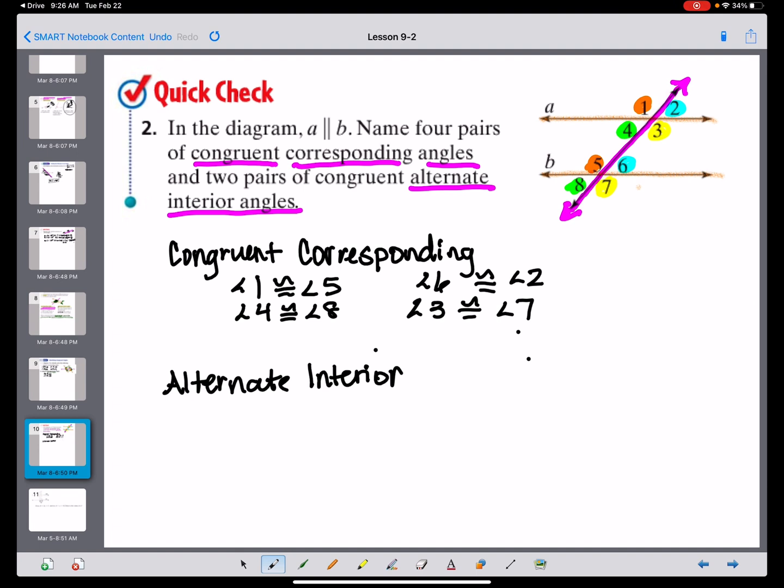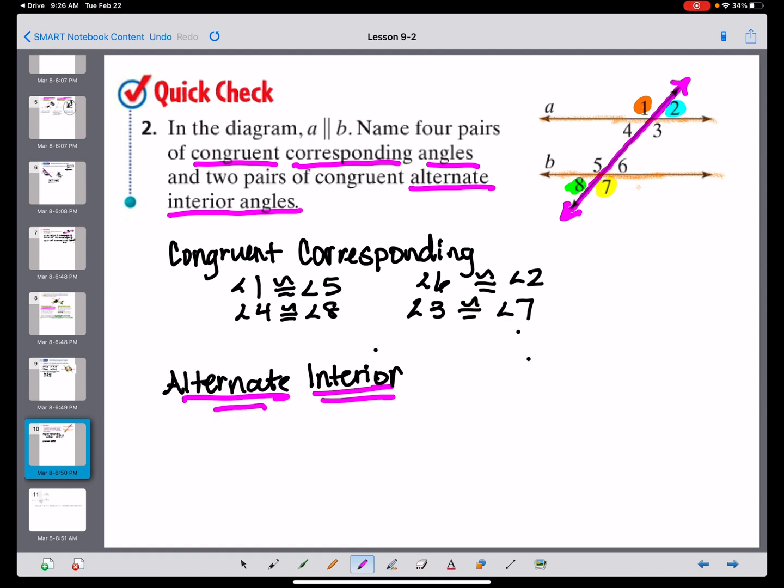Now let's find alternate interior angles. That means that we are dealing with only the angles that are in between my orange lines. Let me quickly draw my transversal back in. So I'm only talking about interior, meaning 3, 4, 5, and 6.